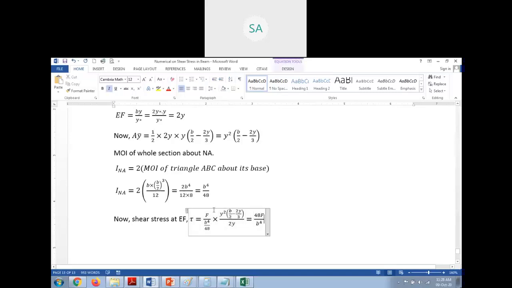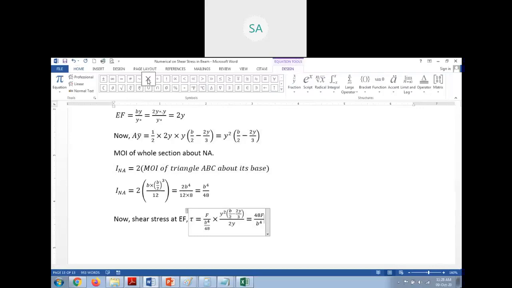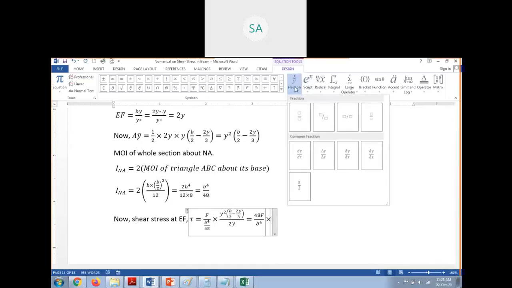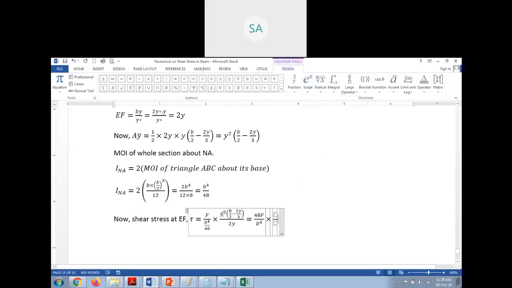Into this y and this y gets cancelled. So what remains there is just one y, right? Now this b is also 2y, right? I will substitute, no, actually this b is the width of the section, right?